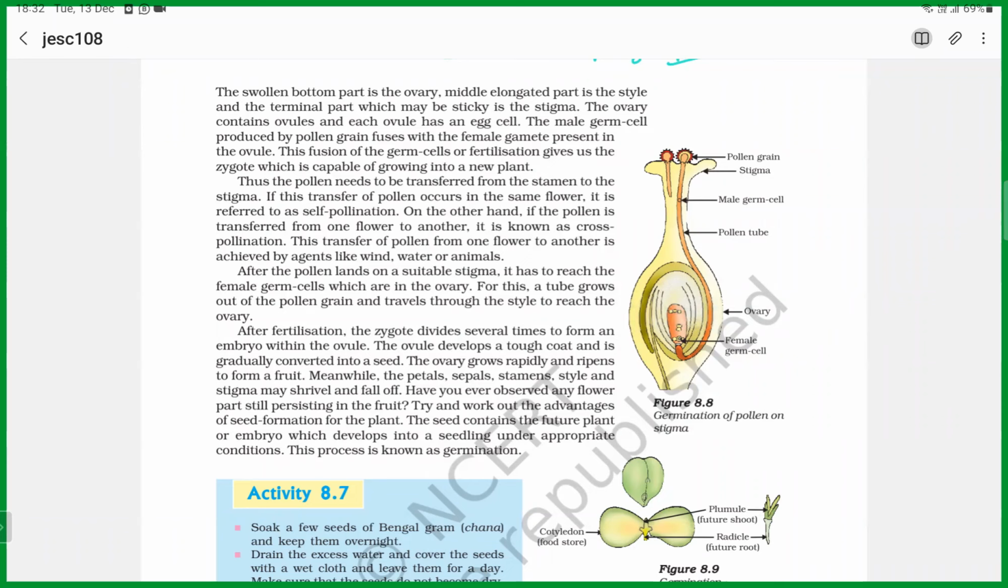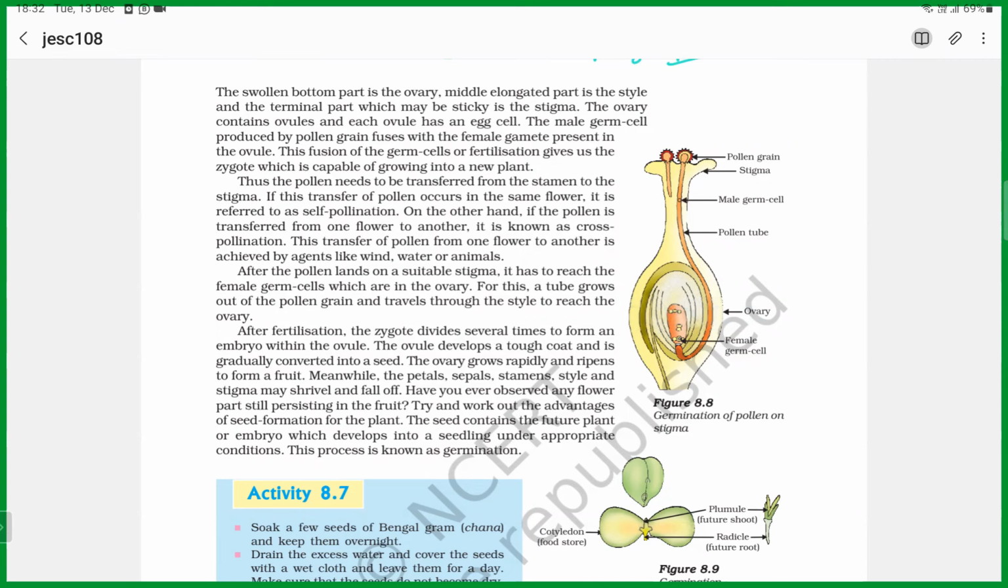For cross-pollination to occur, what are the conditions which support it? Even in a bisexual flower, both androecium and gynoecium are there.